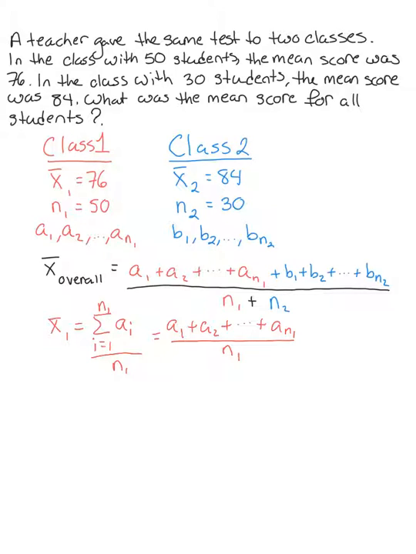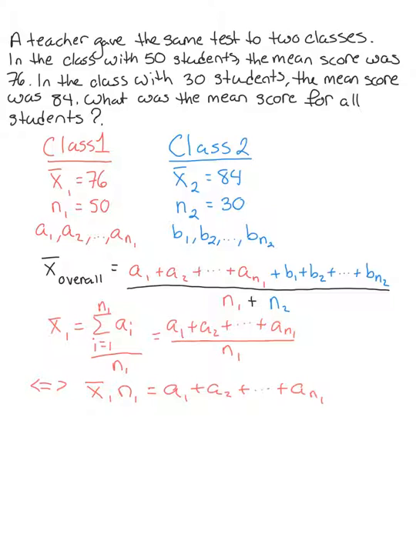Now if we multiply both sides of this by N1, this will give us x1 bar times N1, which is equal to A1 plus A2 plus dot dot dot up to AN1.